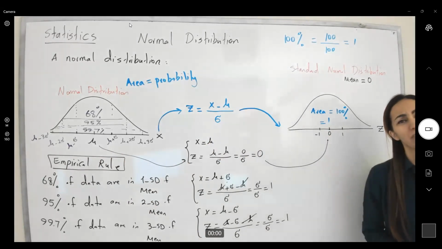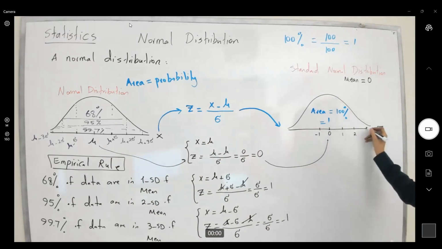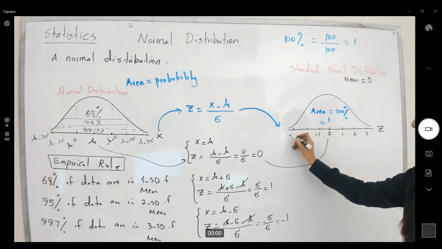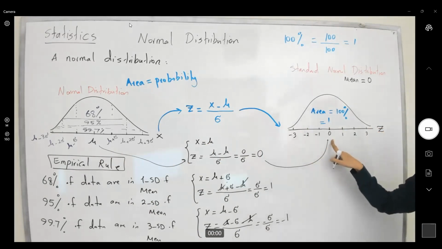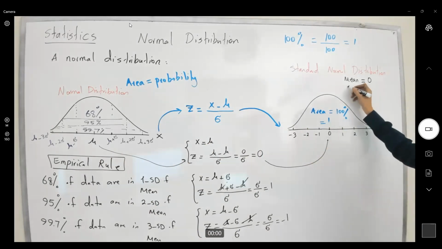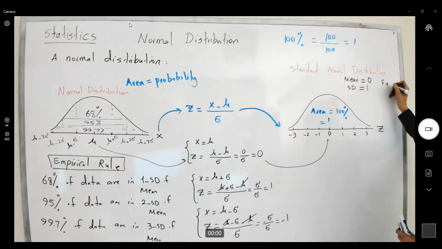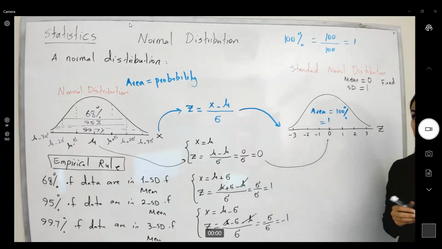You can convert the rest of them into z values. You get 2, 3, -2, -3, and in the middle is your 0. So the mean is always 0 with a standard deviation equal to 1. This is for a standard normal distribution.